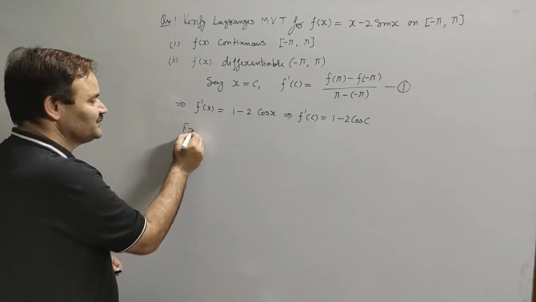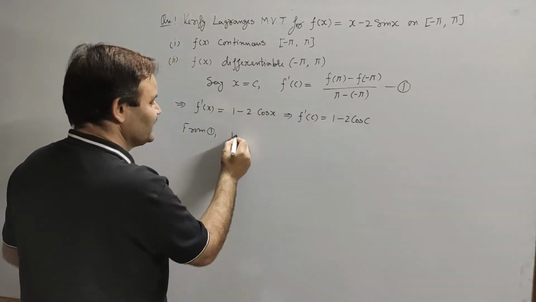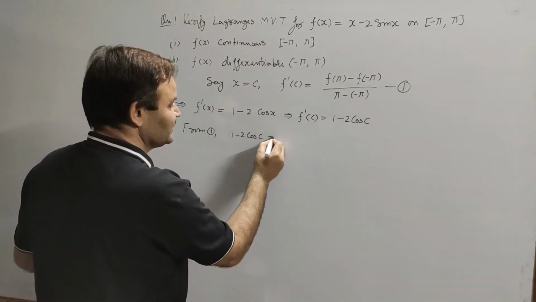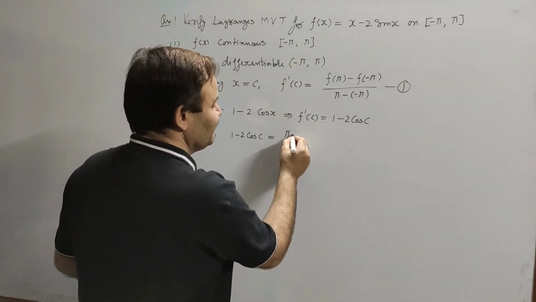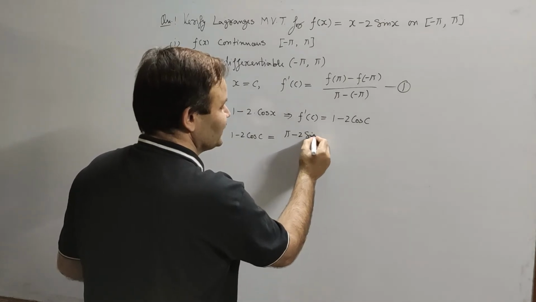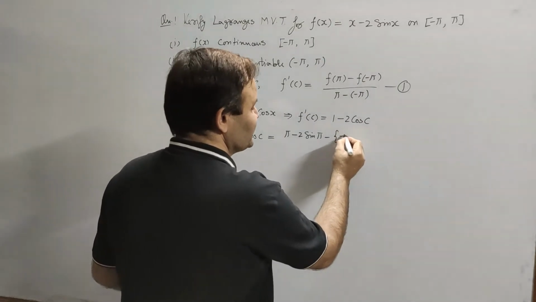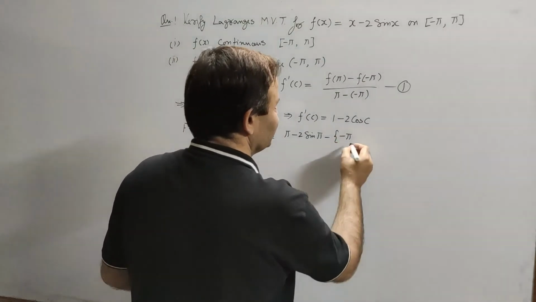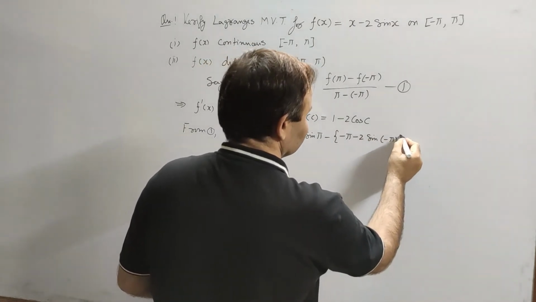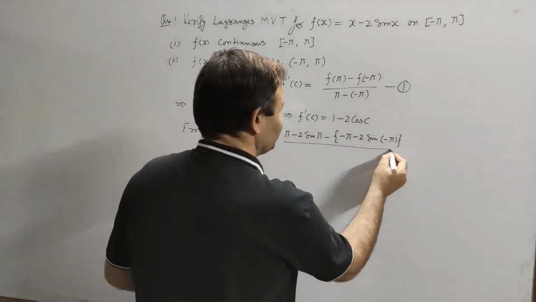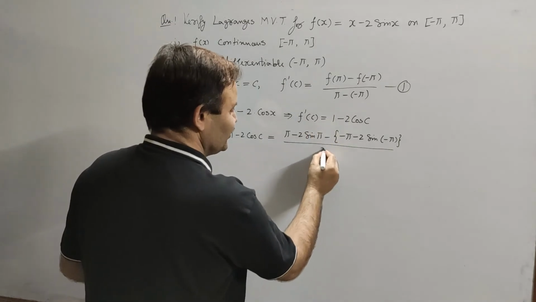Then from 1, f dash c, that is 1 minus 2 cos c, is equal to f pi, that is pi minus 2 sin pi, minus f minus pi, that is minus pi minus 2 sin minus pi, upon pi minus minus pi, that is 2 pi.